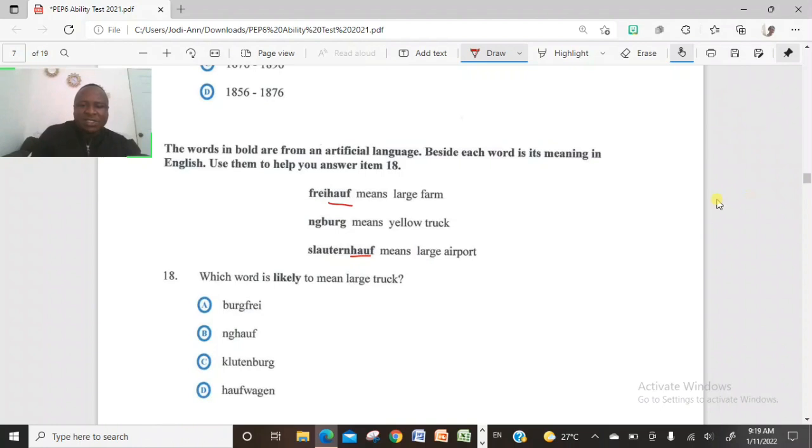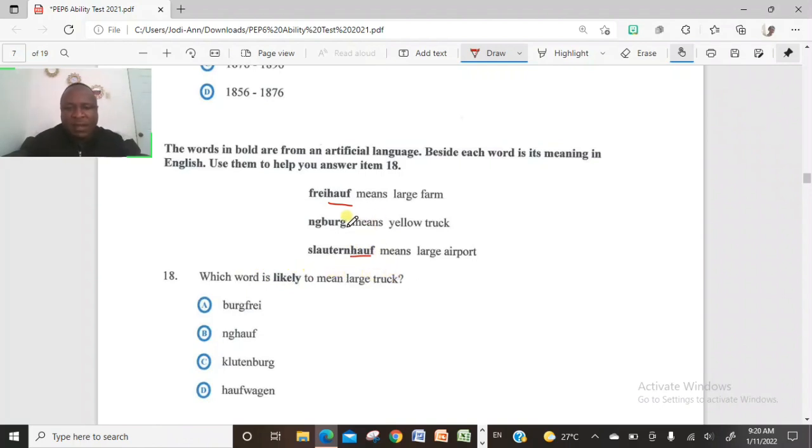But realize that large comes first in English, but it comes in the second part of the term in the artificial language. So we're going to look for this large in the second part of the term in the artificial language because it has large in it. Now it says which word is likely to mean large truck.